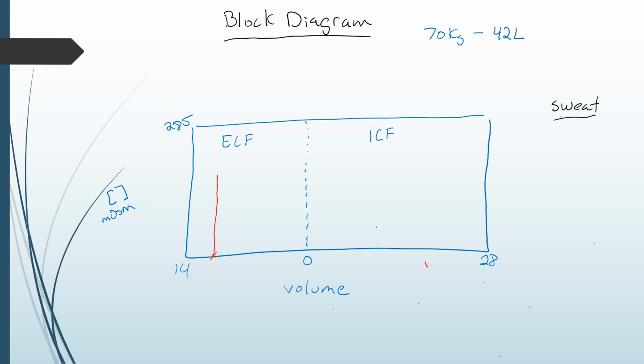Now the question, before I go any further, is: if I'm losing just water, what happens to the concentration in the ECF? Well, if I lose more solvent relative to the solute, it concentrates even further. So I'm going to have a higher concentration, so I'm going to draw it a little bit above. Remember, this axis represents concentration here, so this is going to be higher than 285.